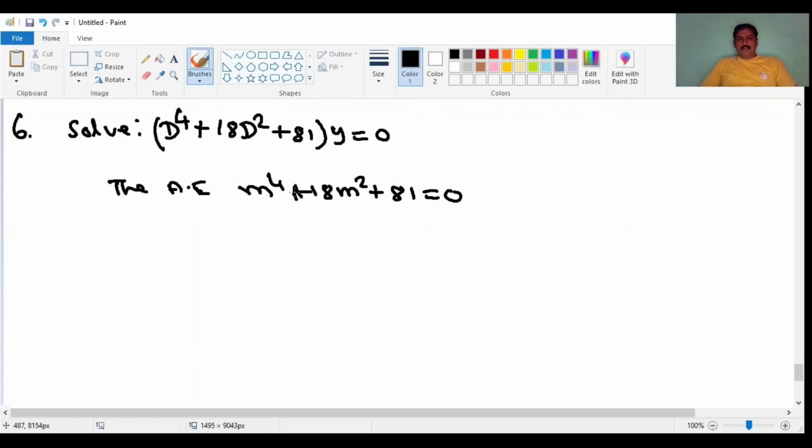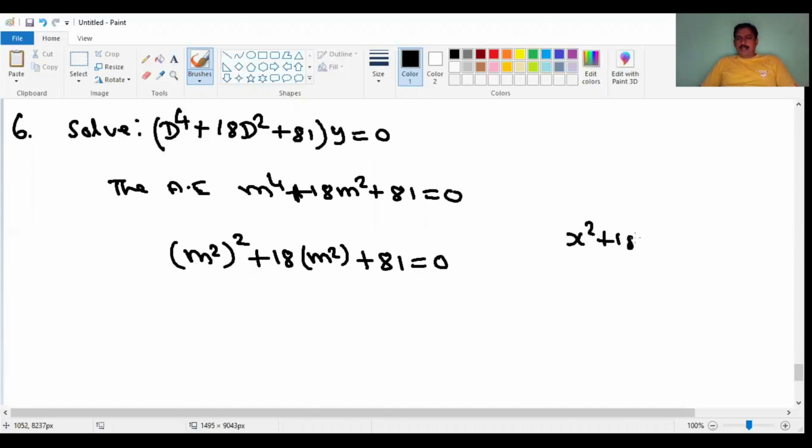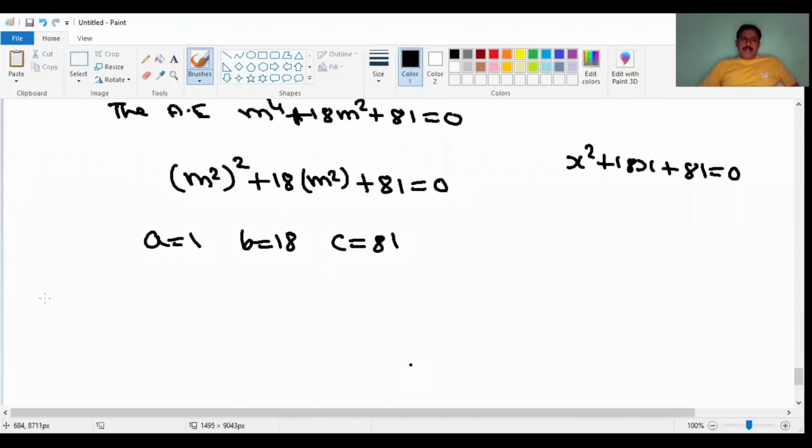We can use the long division method also to solve this, but I am going to write the term as m square the whole square plus 18 m square plus 81 equal to 0. Now it is of the form x square plus 18x plus 81 equal to 0. Comparing, a equal to 1, b equal to 18 and c equal to 81, we can apply the formula.